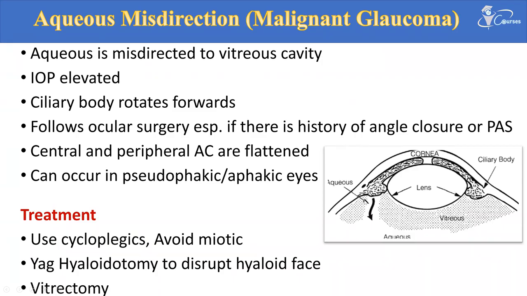If these are not sufficient, then the final measure is vitrectomy. We remove all the vitreous, and this helps the iris-lens diaphragm return backward. Okay, so this is called aqueous misdirection or malignant glaucoma.